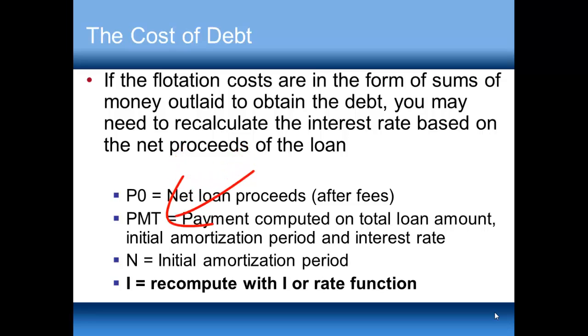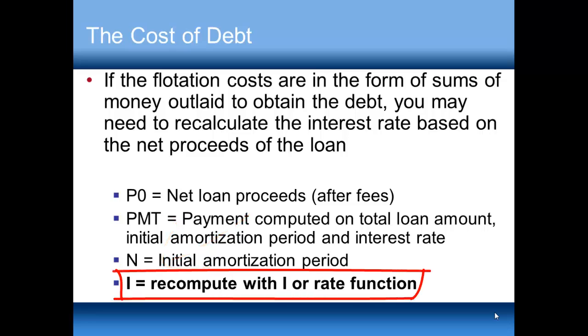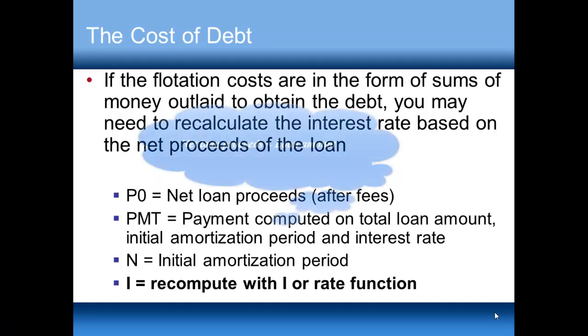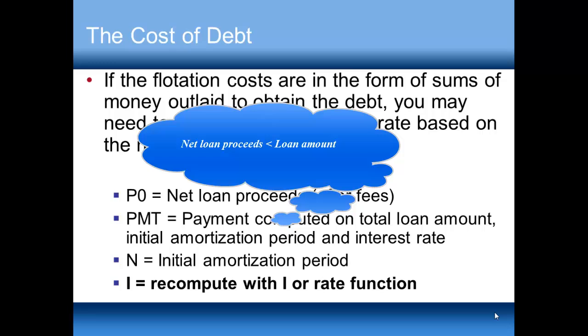Payment, I'm going to reuse the payment that was originally computed for the total loan amount. N stays the same. Now with all these variables, the new P0, the old payment, and N, I can recompute I, the interest rate that incorporates the fact that I'm not getting all of the loan amount.